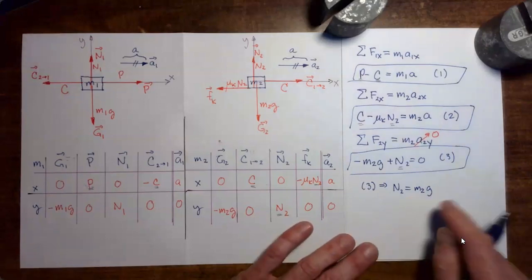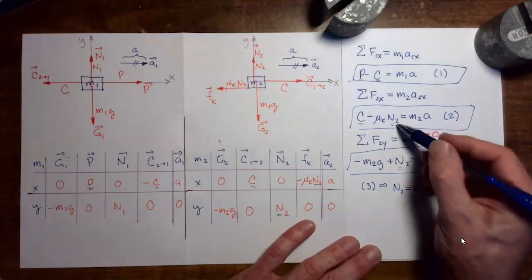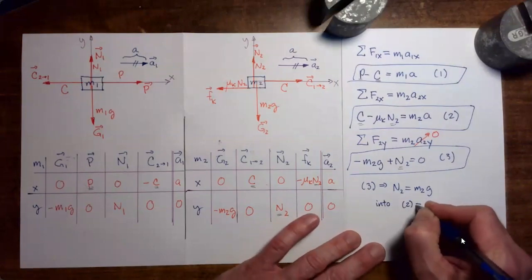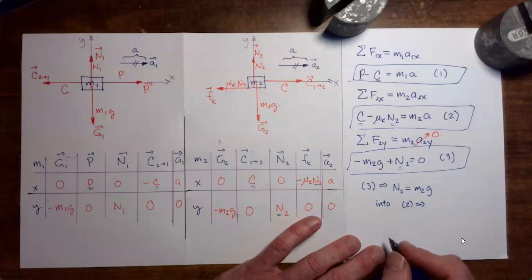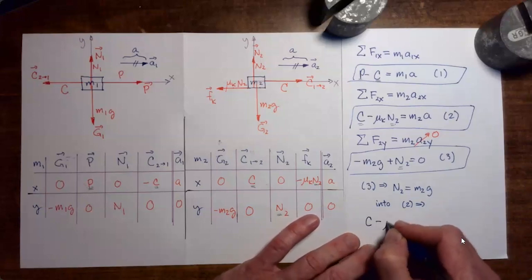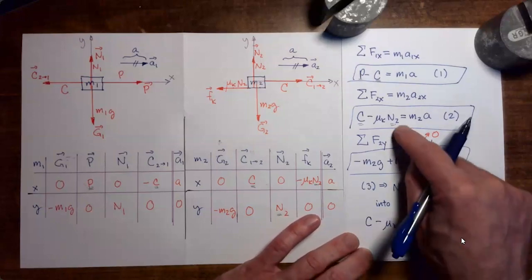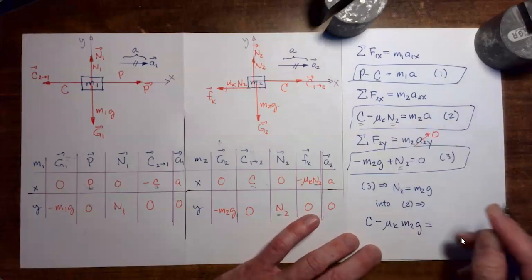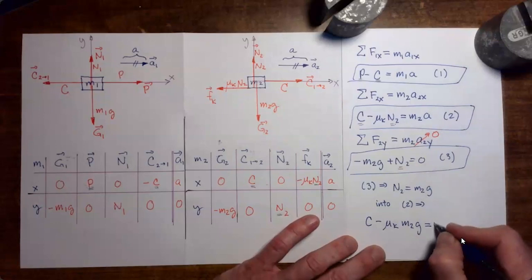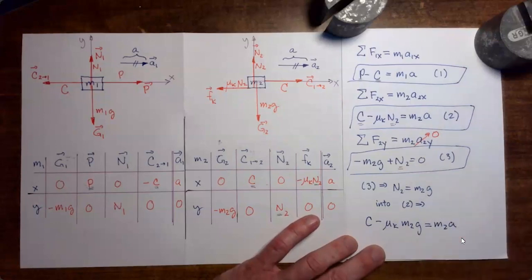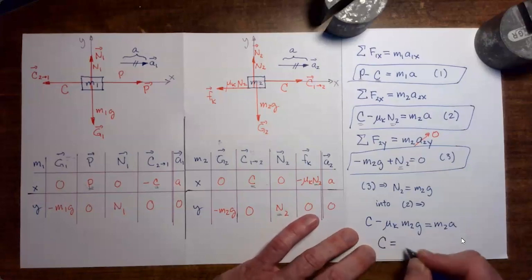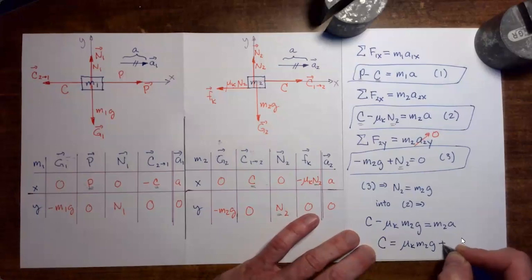So let's take that and put it into equation 2 right here, which then gives me C minus mu k, here's the substitution for N2, m2g, and that's equal to m2a. Now solving for C, I have C equals mu k m2g plus m2a.